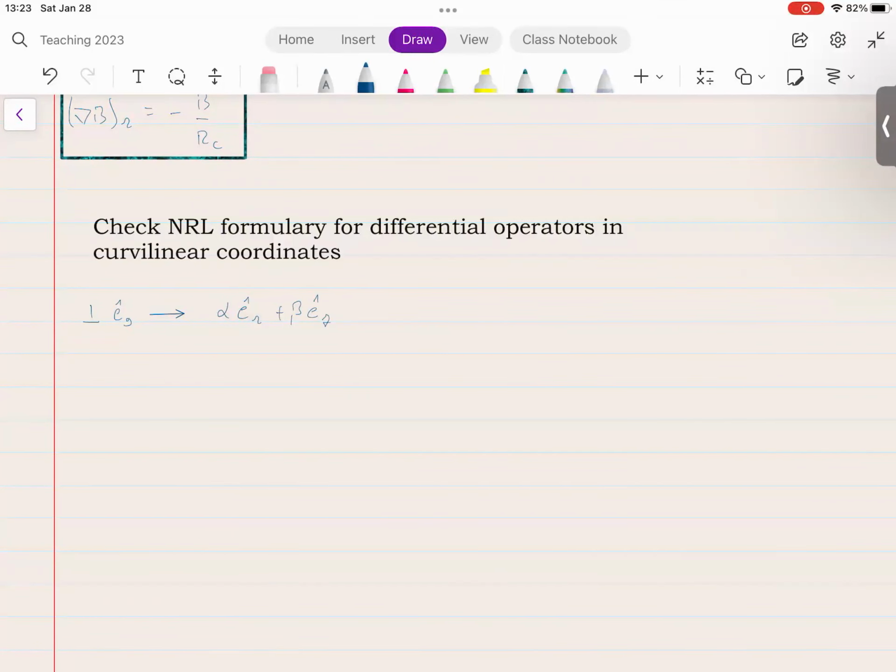Whatever alpha and beta are, make it a unit vector if you like. It doesn't matter. I'm just worrying about the direction. However, with the assumptions we're making, grad B in the Z direction is 0.